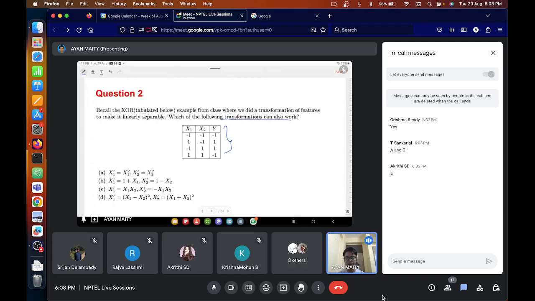By transforming these points, we can make these points linearly separable. Four transformations are given here, and which of these transformations will make this XOR function linearly separable? More than one option can be correct in this case. You have to try out all 4 transformations given in these 4 options, and you have to pick which of these is or are correct.